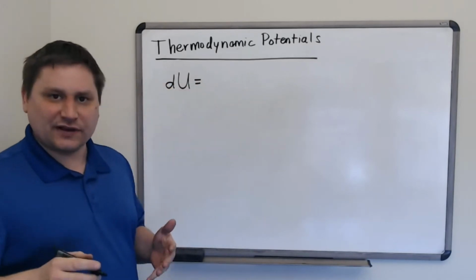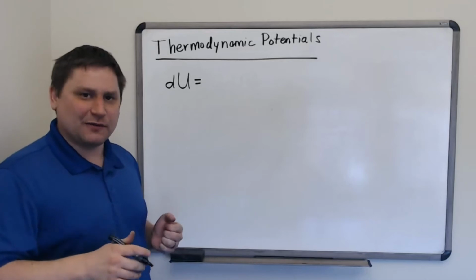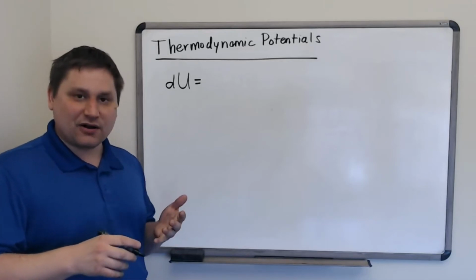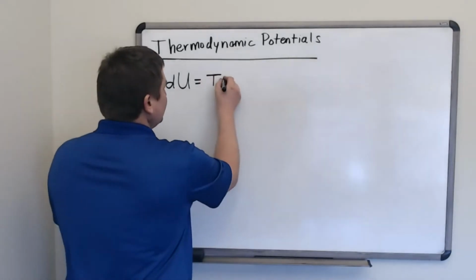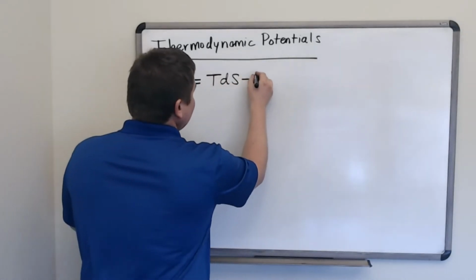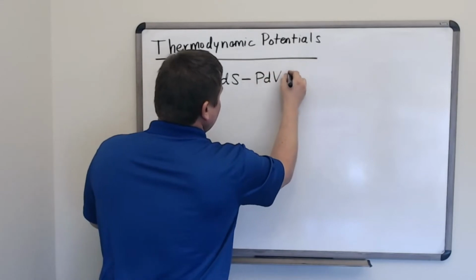Let's start with the internal energy and just recall some of its properties. It obeys what we call the fundamental thermodynamic identity: dU is equal to TdS minus PdV plus mu dN.